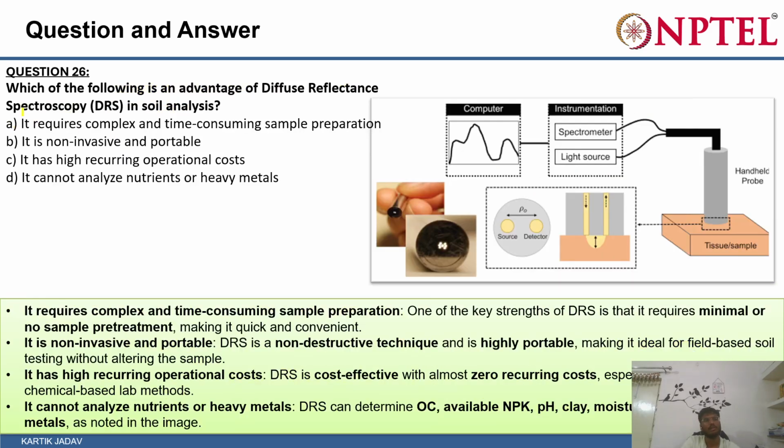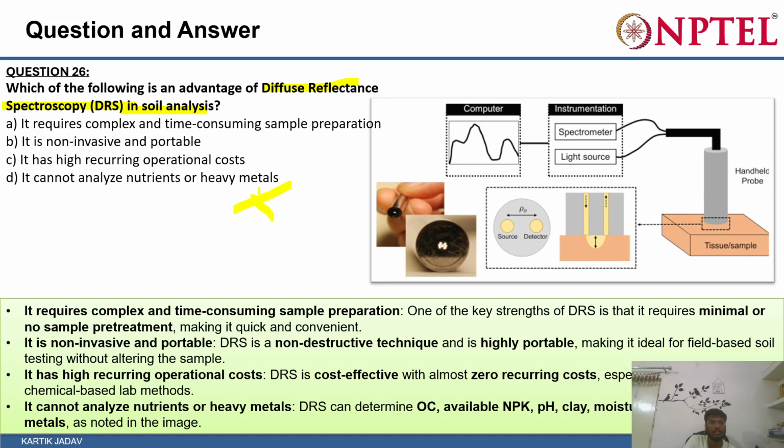Question number 26. Which of the following is an advantage of diffuse reflectance spectroscopy in soil analysis? It is complex and time consuming. No. It is non-invasive and portable. Okay, it has high recurring and operational cost. It cannot analyze nutrient parameters.